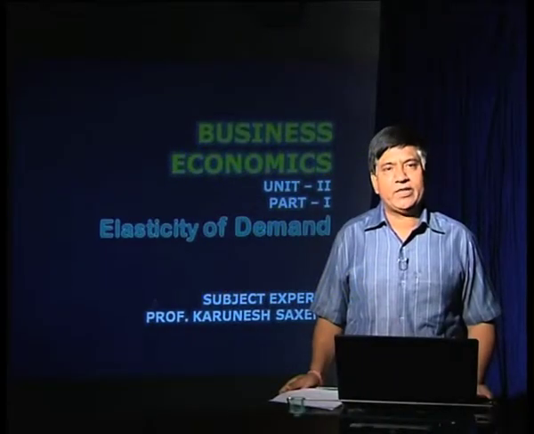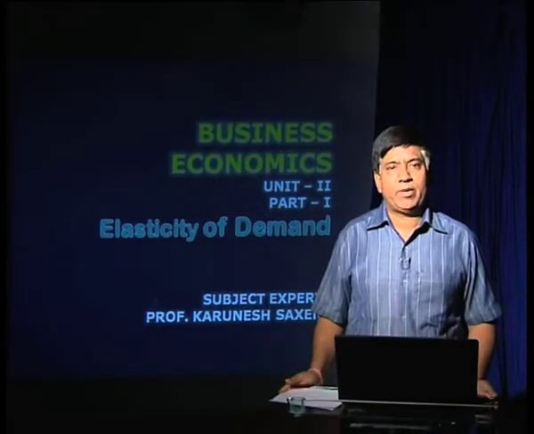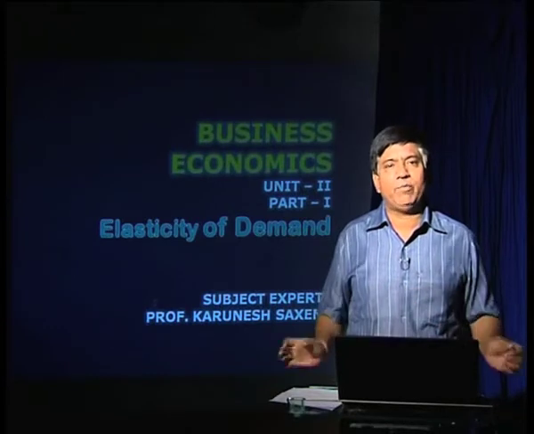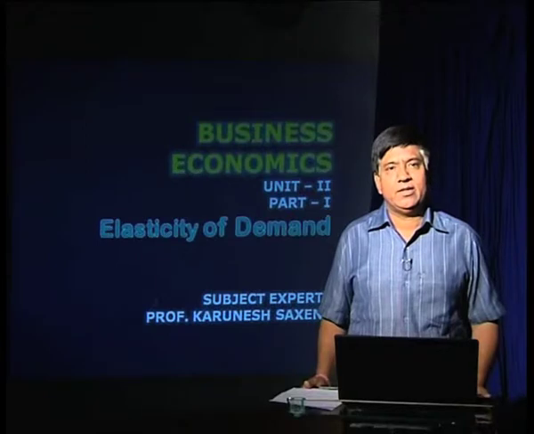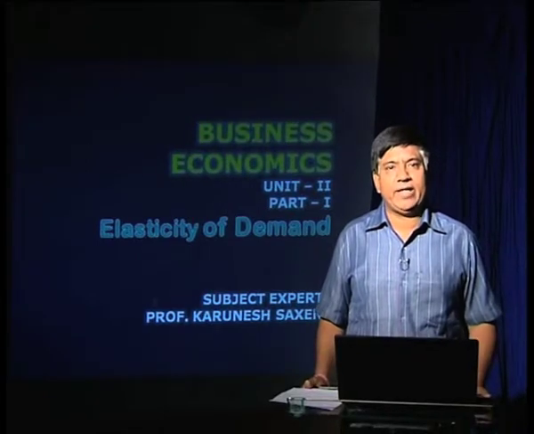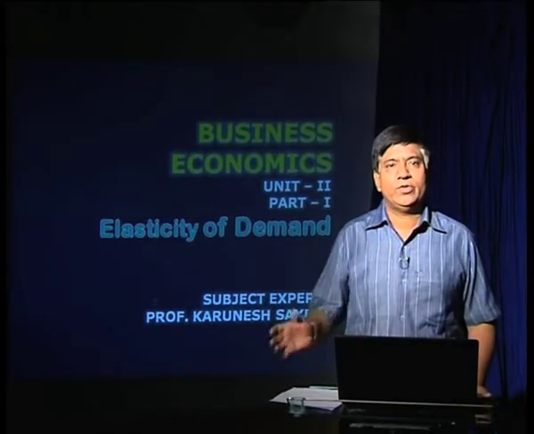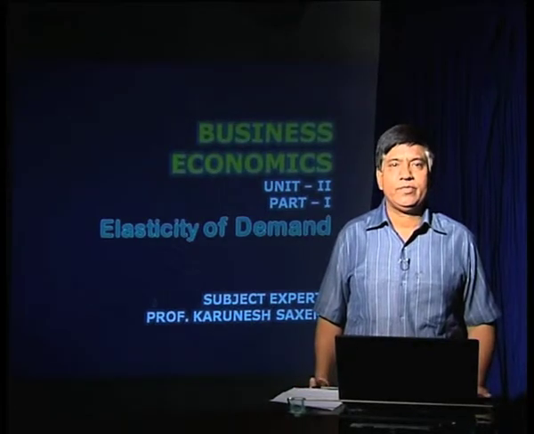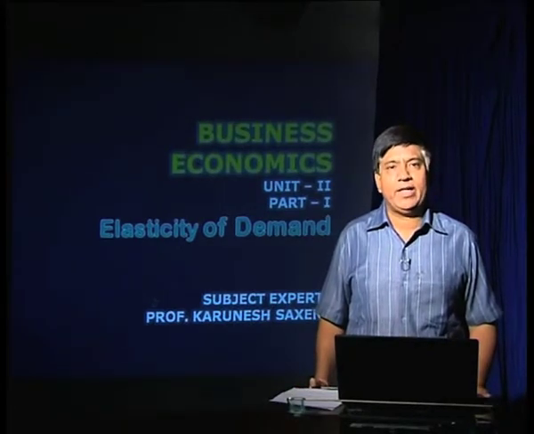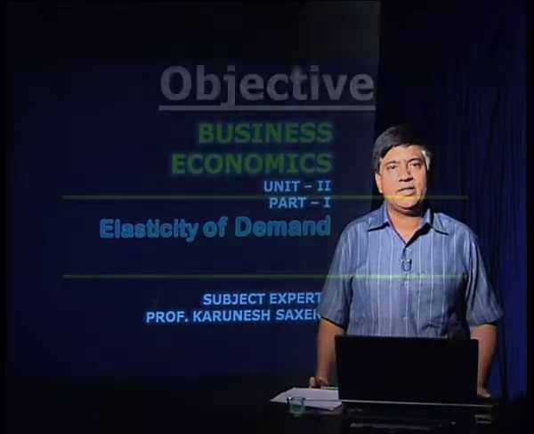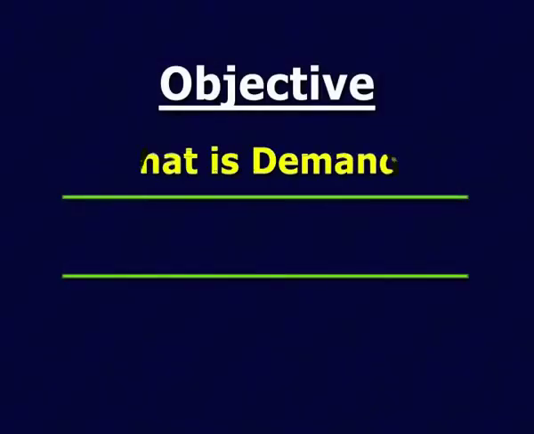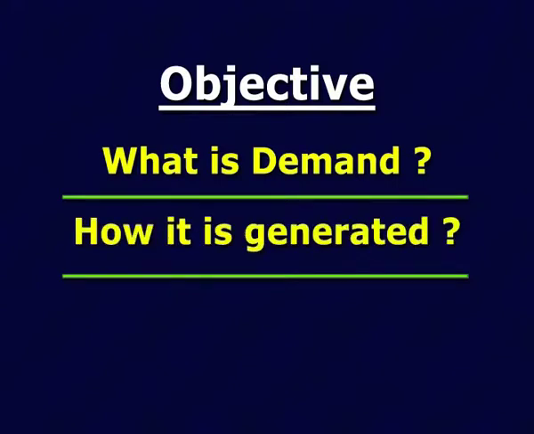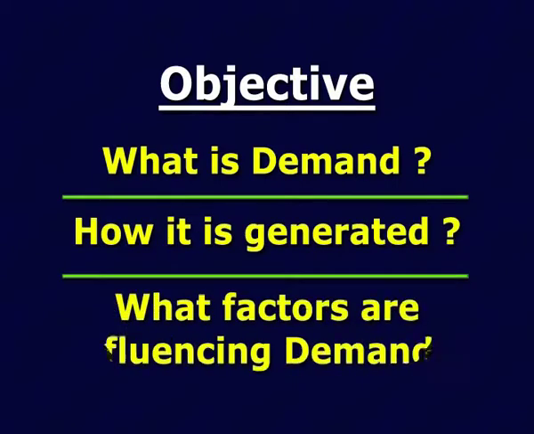As we have been discussing previously, price plays a very important role, and we have seen that with respect to changes in price, demand also changes. Here it will be pertinent to first take a look at what is demand and how it is generated, what factors are influencing demand.